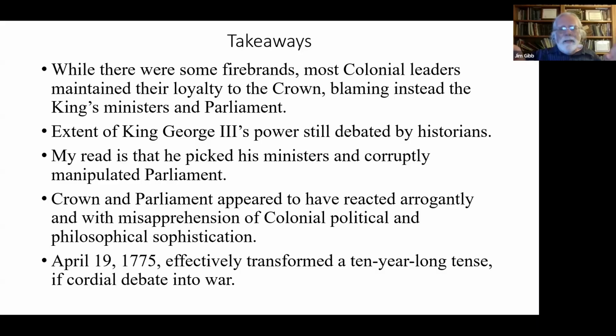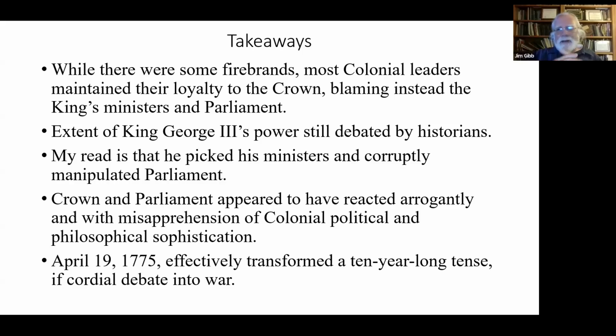He wasn't just a figurehead. He actually had the power to select his ministers, his prime minister and his cabinet ministers, and had the power to get a number of members of Parliament elected. It was a very corrupt system. So although the colonists were blaming the ministers and asserting their loyalty to the king, that might have been misplaced. And it's something they eventually learned.